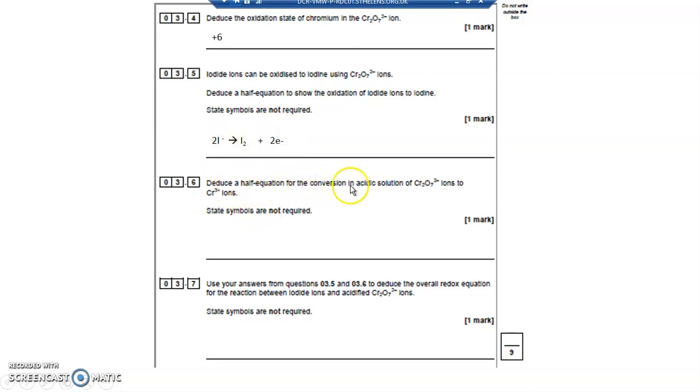Deduce a half equation for the conversion in acidic solution. That's important. Acids produce H pluses, so we're going to need some H pluses for Cr2O7 2- ions to Cr3 plus. You'll see the problem. If I've not got H pluses, I've got Cr2O7 2- going to Cr3 pluses. Where would the oxygens go? They've got to go somewhere.